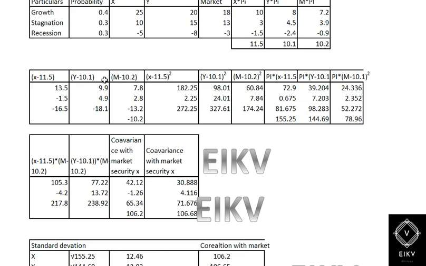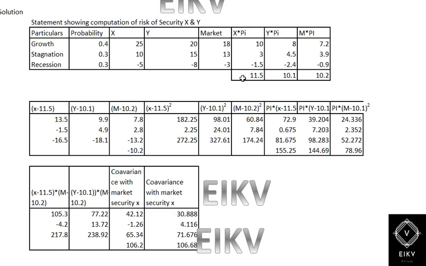Now X minus X bar. Here 11.5 was the expected return, so X minus X bar would be 25 minus 11.5, 10 minus 11.5, and -5 minus 11.5. The same is done for the other securities.